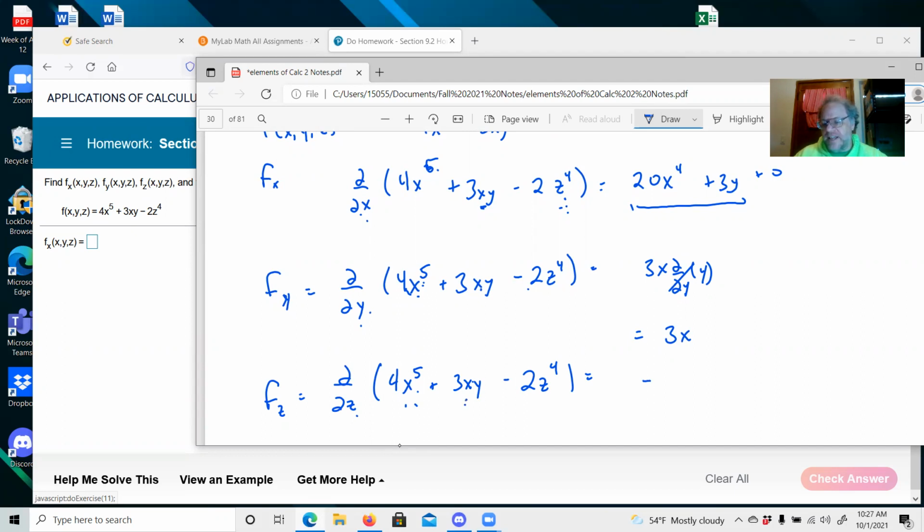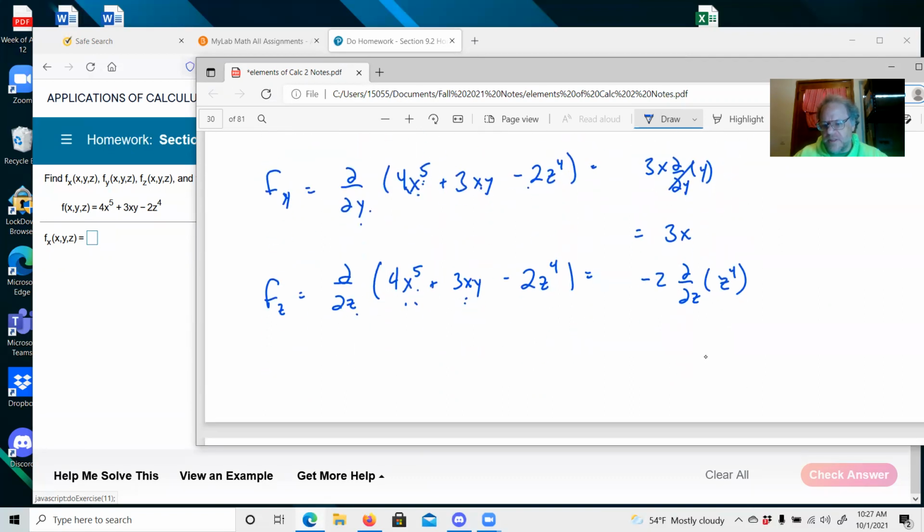So all we're doing is taking negative 2 times the derivative of z to the 4th power. The 4 comes down in front, so that's negative 8z cubed. All right, so there's our 3 answers for the first little bits.